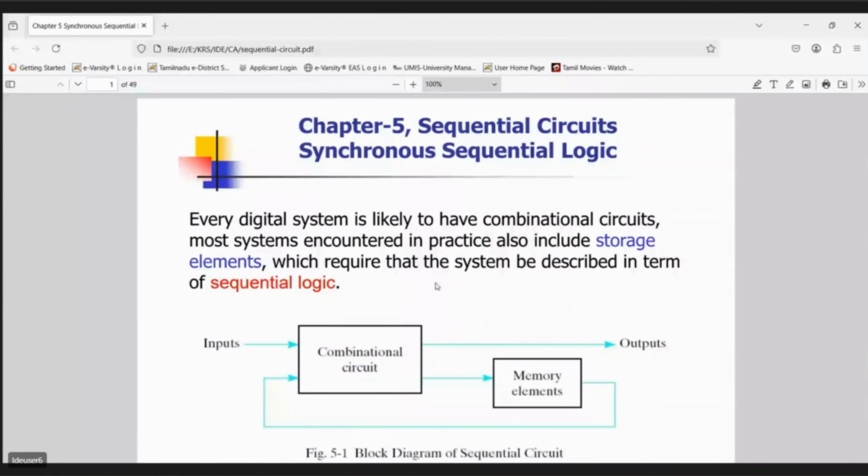So in sequential logic, what can we do? We can store information, at least one bit of binary information, either zeros or ones.